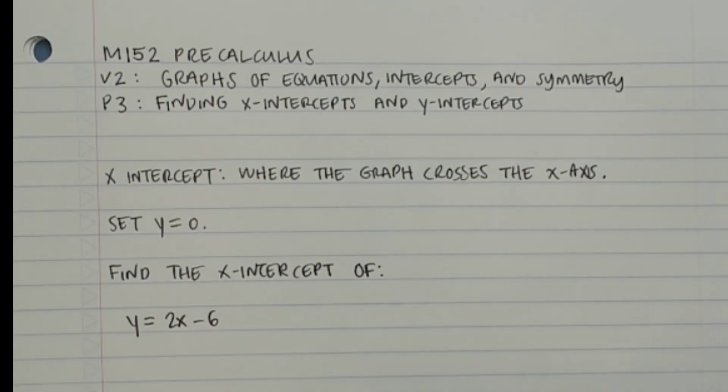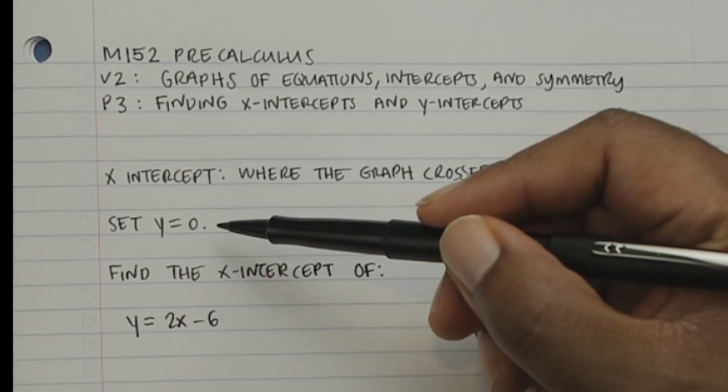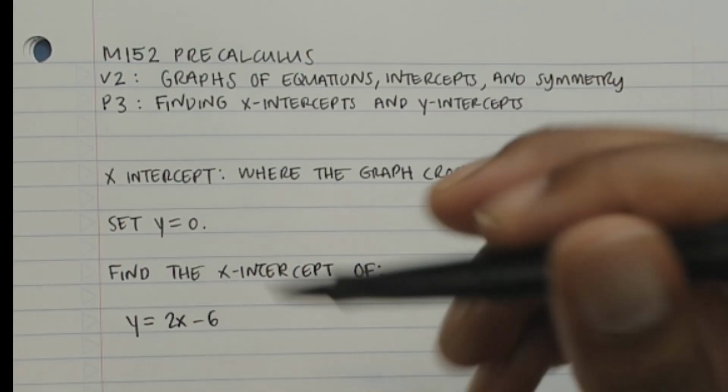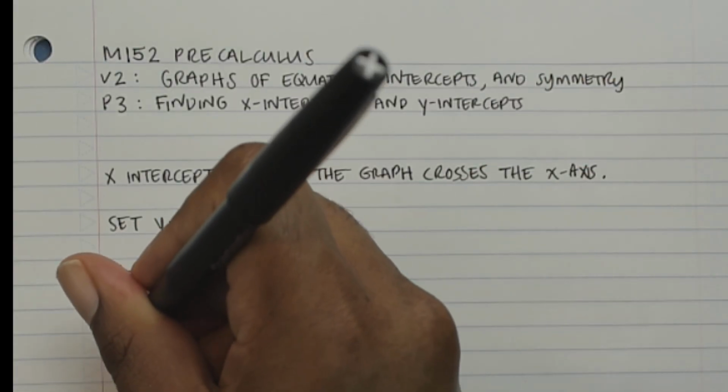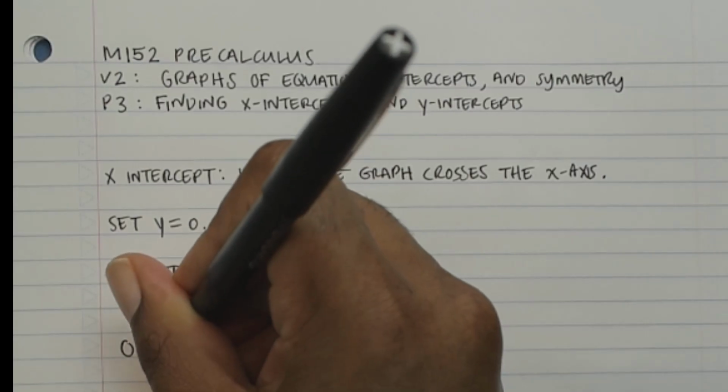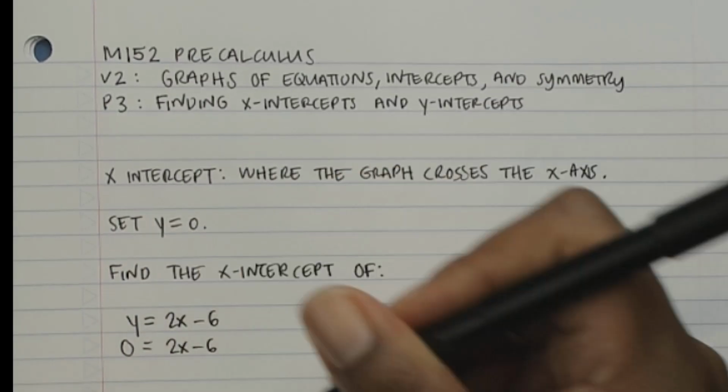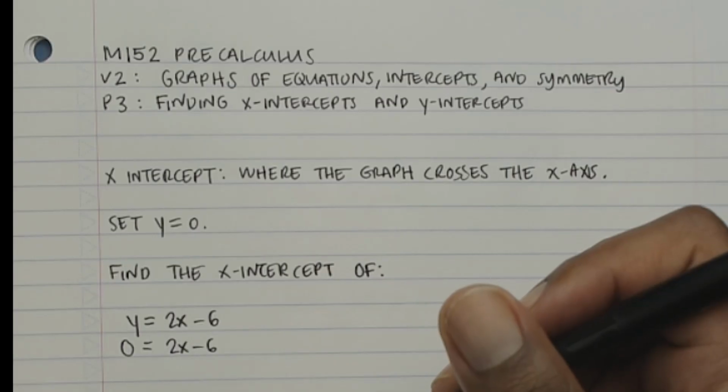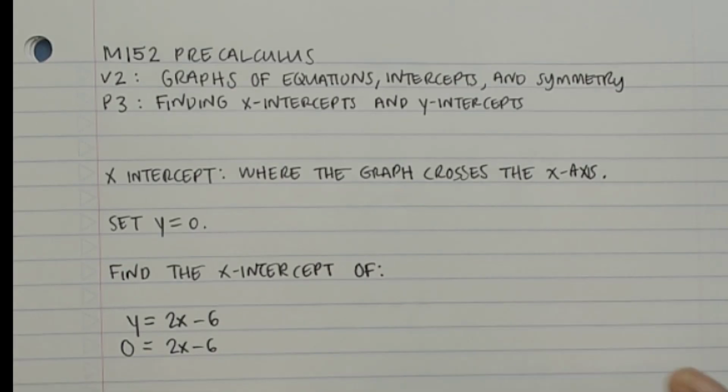Find the x-intercept of y equals 2x minus 6. Since we are looking for the x-intercept, we have to set y equal to 0. Setting y equal to 0, 0 equals 2x minus 6.